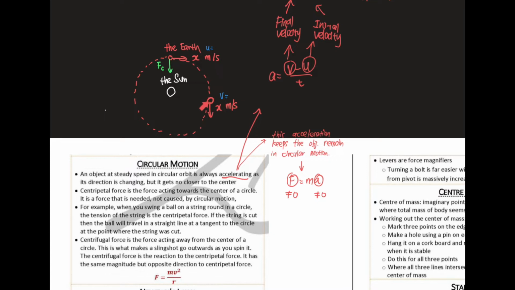When the earth is here, the force is acting to the center of the circle. Centripetal force. Okay, to make it more accurate, let me adjust the sun a bit.